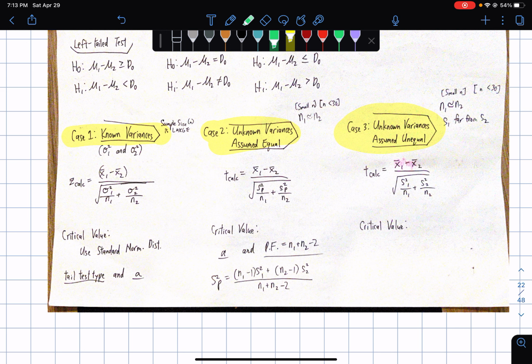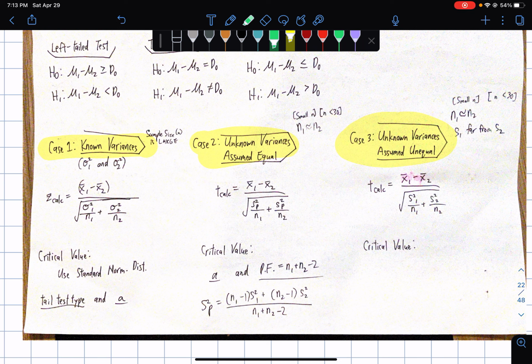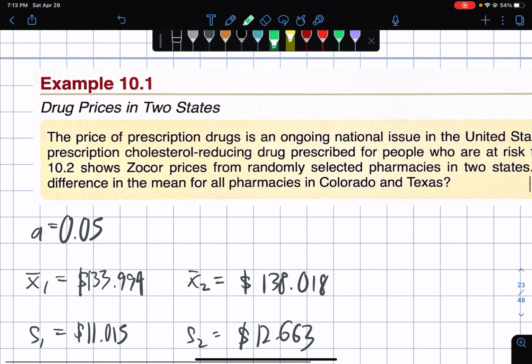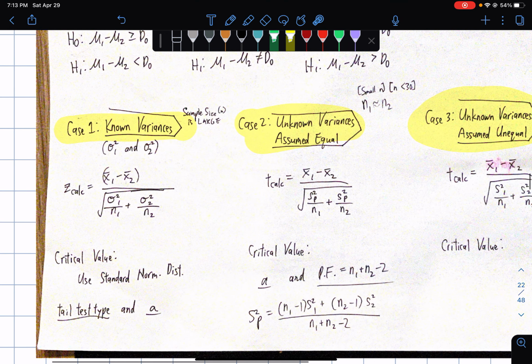So the question is now, how will you be able to discern which case is relevant to a certain scenario or to your practice question? Let's be more general for the moment. Case 1, you know that a certain scenario is case 1 because the sample size, or in other words, the n variable, is large.